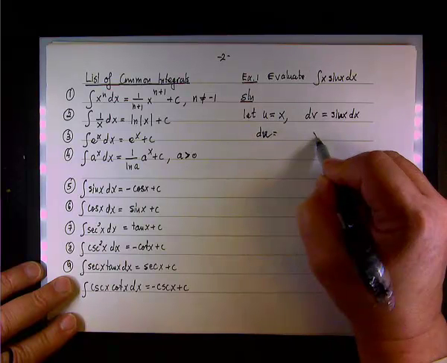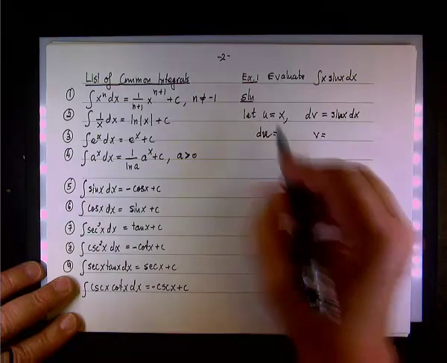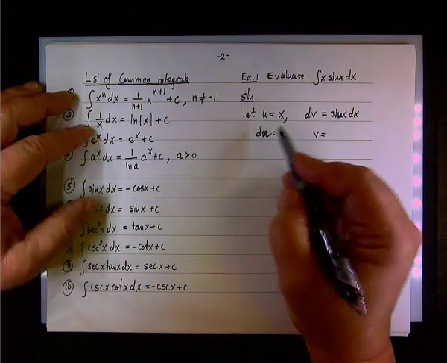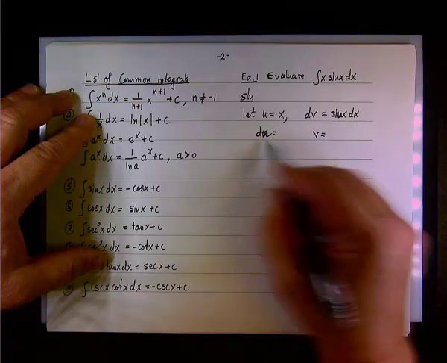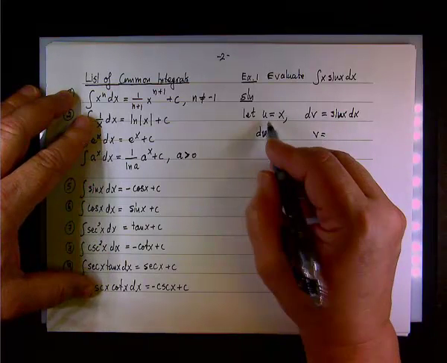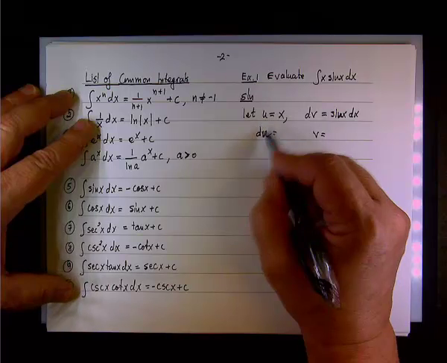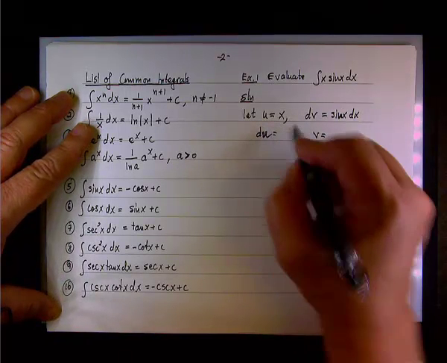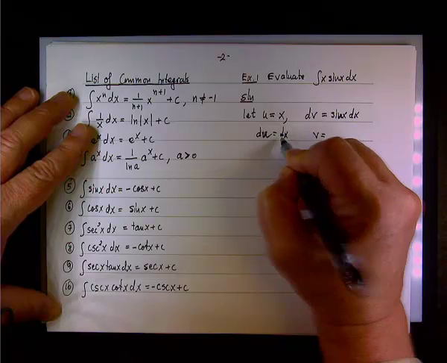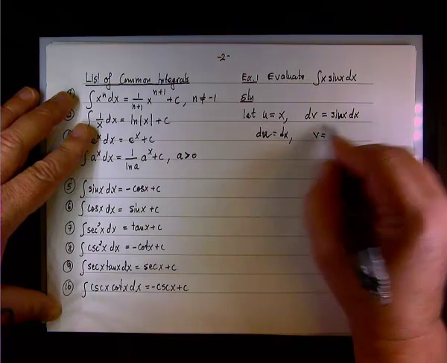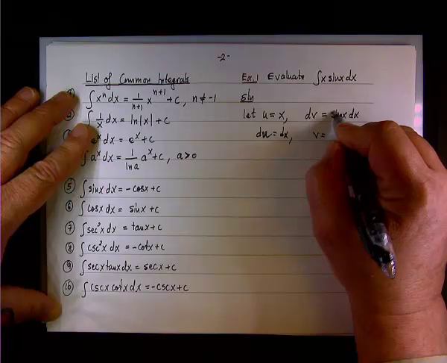The choice of u and dv determine what will be du and what will be v. Well, du dx is 1, so du equals 1 dx, so du is simply dx.